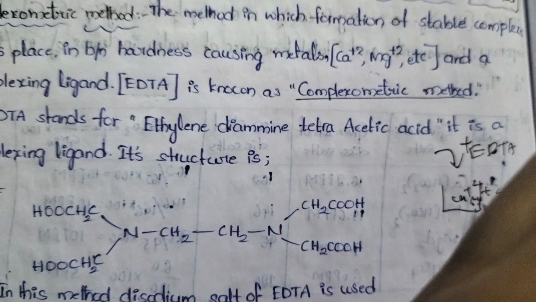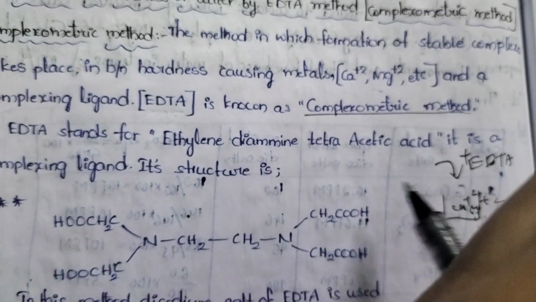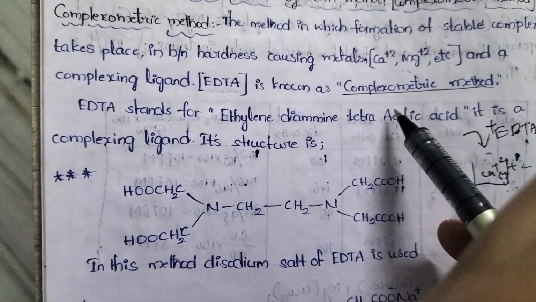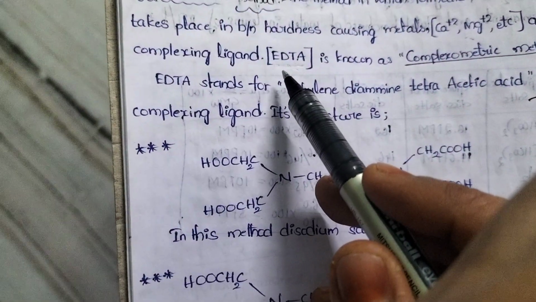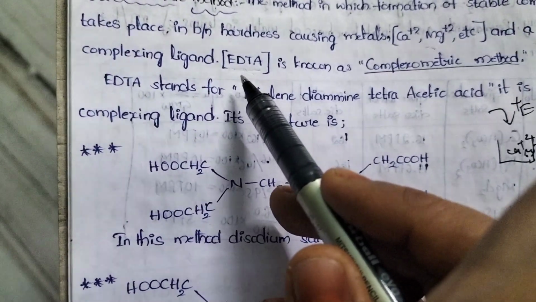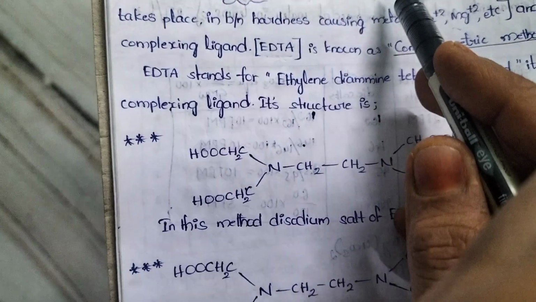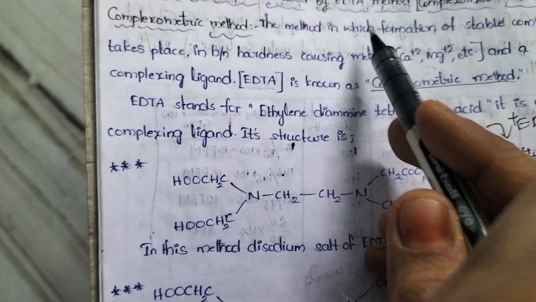So in this method, stable complexes form. That is why it is called the complexometric method. Here the complexing agent, or complexing ligand, is EDTA. That is why it is also called the EDTA method.